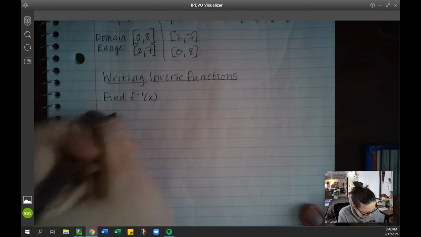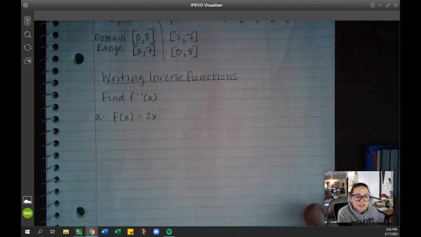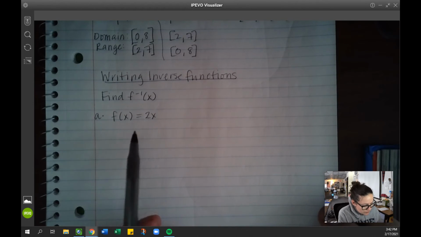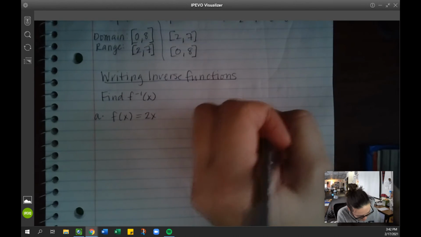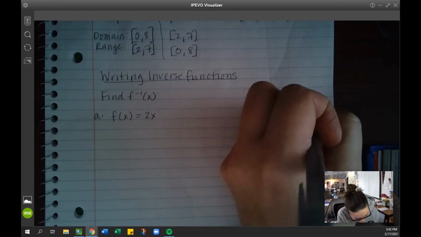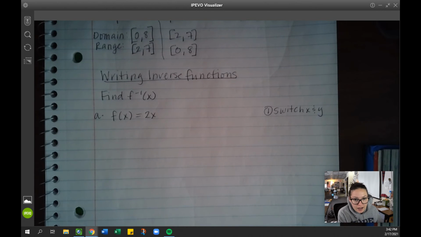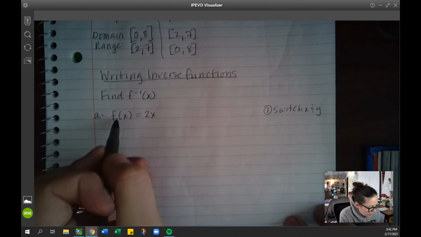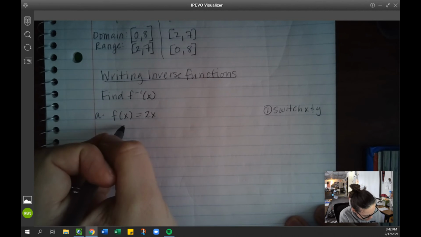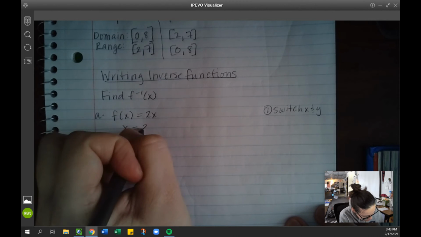So let's just say I have f of x equals 2x. So here's what we do. The first step is to switch x and y. Okay, because if I'm going to do an inverse, then the x and y flip-flop. f of x, remember, is just another way to write y. So I really am going to have x equals 2y.